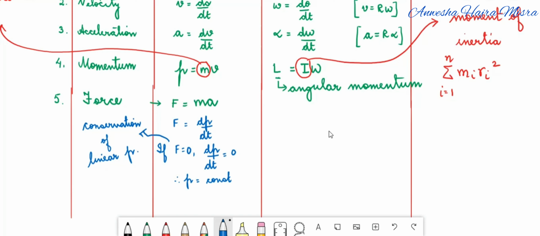In analogy, what we have here? We have here torque. Now, torque here is I alpha.